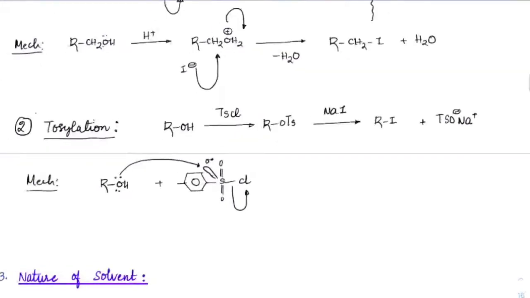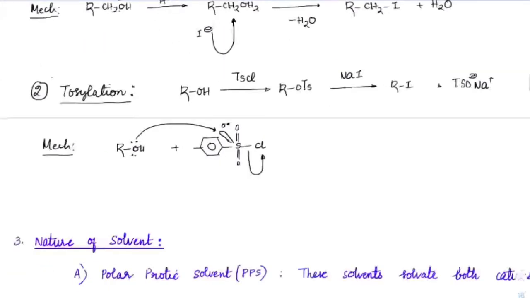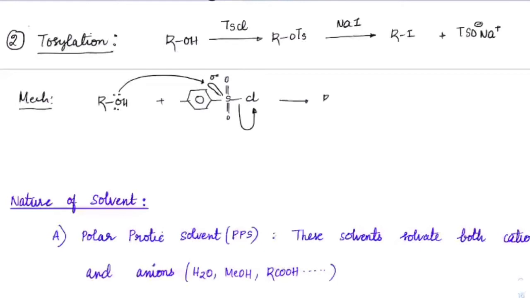We get the ROH attached to S double bond O and this group, and Cl minus has come out.